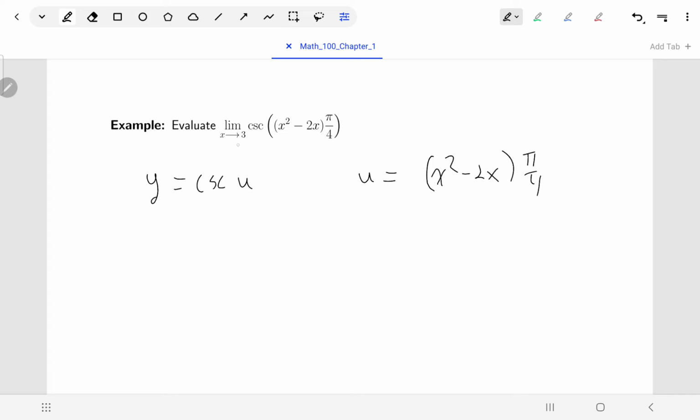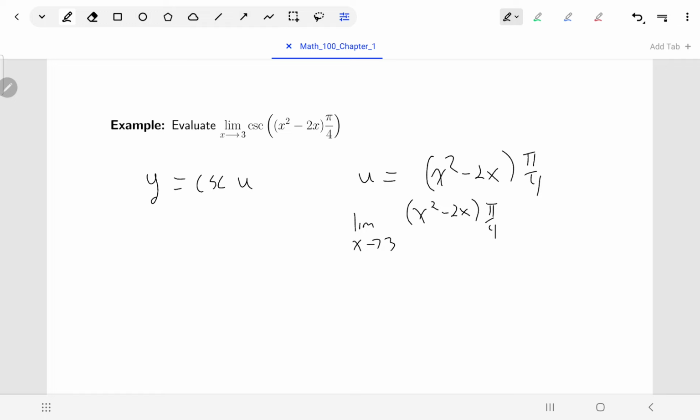So what we have to ask ourselves is, for the limit of cosecant of this inside function, number one, does the limit exist for the inside function? So if I look at the limit as x goes to 3 of x squared minus 2x times pi over 4, does that limit exist?